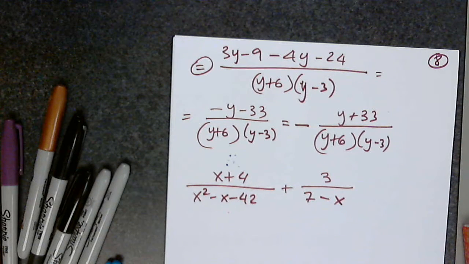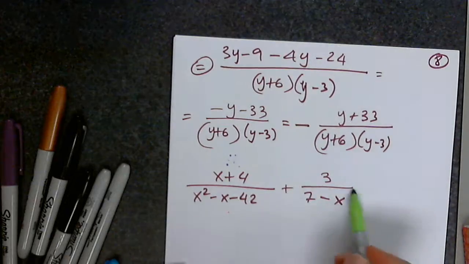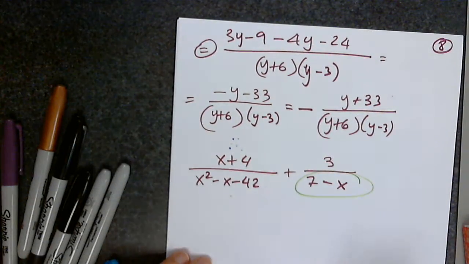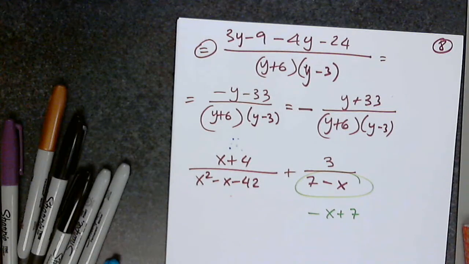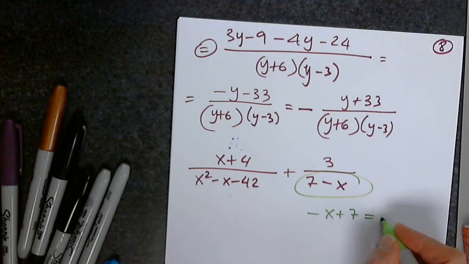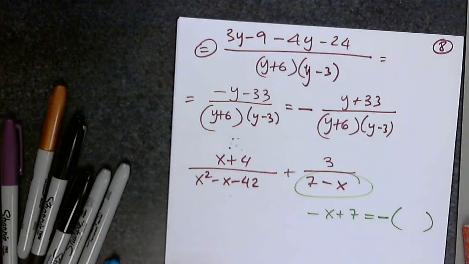Bottom left is fine because I can factor it, it's not a problem, but I don't like the bottom right because it's not in the correct order. So now it is in the correct order, but I still don't like it. Right. So I have to factor out negative 1. What do I write?